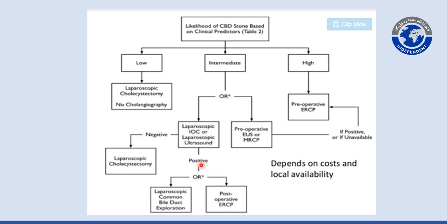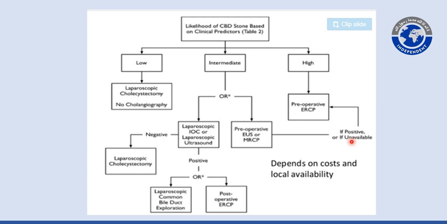But if there are stones present, then the patient should either have laparoscopic CBD exploration, or after cholecystectomy they should undergo ERCP. In case of high likelihood of CBD stones, we can straight away do preoperative ERCP followed by cholecystectomy.